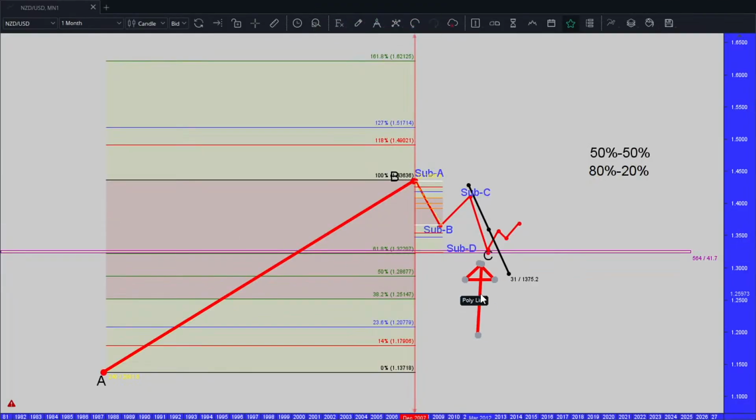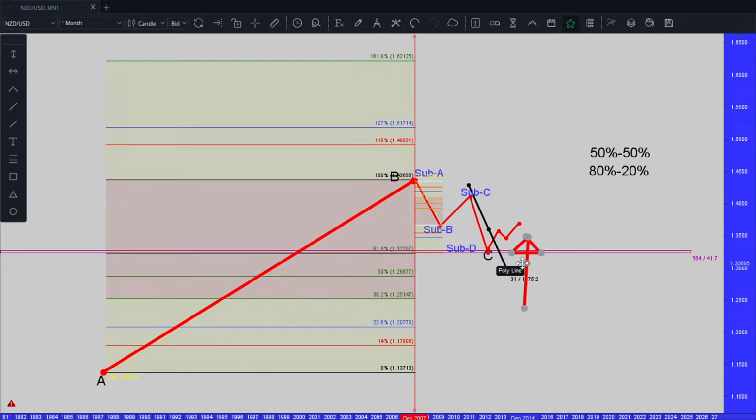So if the sub-D extension is still inside the AB boundary, capital A, capital B from the original Fibonacci, we are entering a 50-50 trade, correct? All right, everybody?